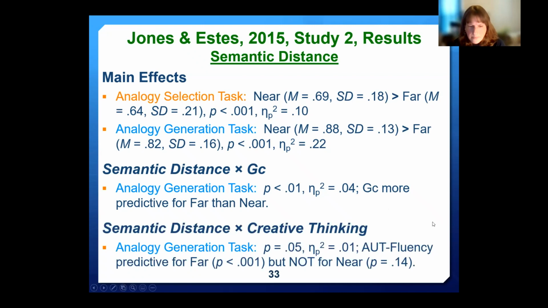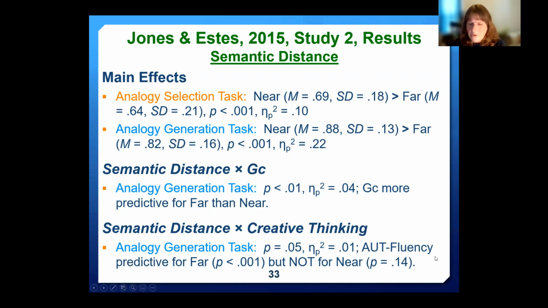And then the semantic distance by creative thinking, it didn't work for the AUT creativity measure, but with the AUT fluency measure, there was an interaction such that AUT fluency, which remember is the number of responses that you generate for the object, like wood and pencil, was more predictive for far analogies, but it was not predictive for near analogies.